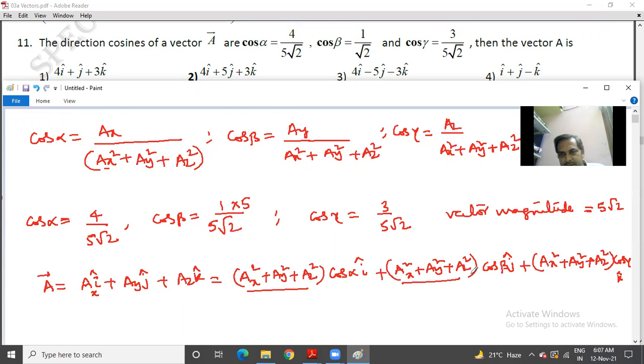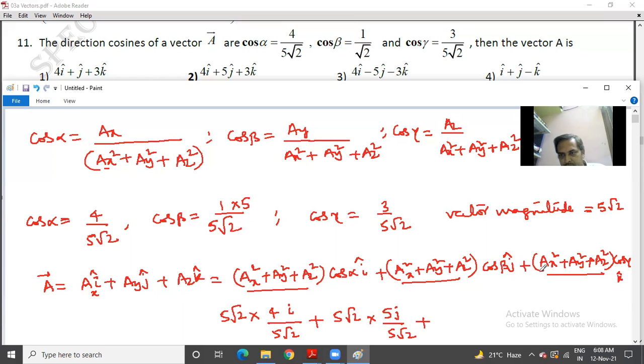Now the magnitude in all the cases is 5 root 2. What is cos alpha? We have 4 along with i cap by 5 root 2. Similarly, the magnitude part is the same, 5 root 2. Cos beta is 1 by root 2, but here we multiplied by 5, so this is going to be 5j by 5 root 2.